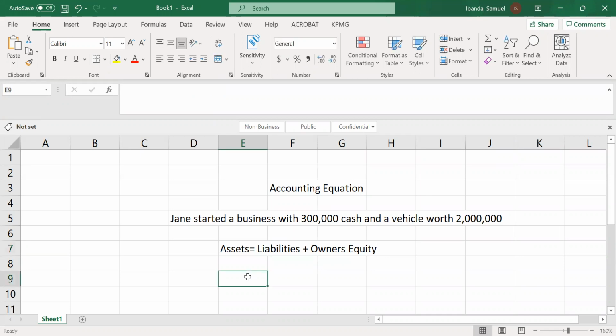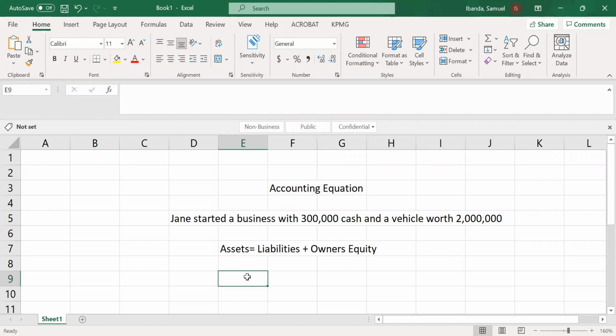Now, I believe that we understand what assets are. We know that assets can either be fixed assets or current assets. Sometimes the fixed assets are also called non-current assets, or long-term assets. If it's fixed, long-term or non-current, it will exist for 12 months and above.